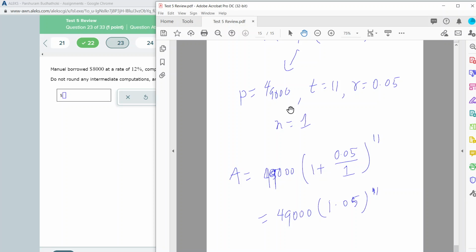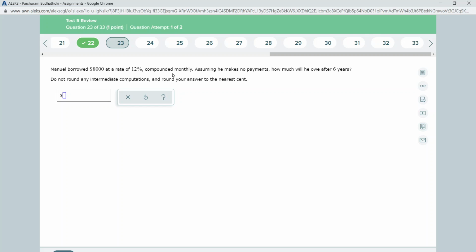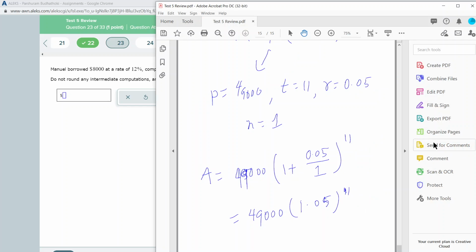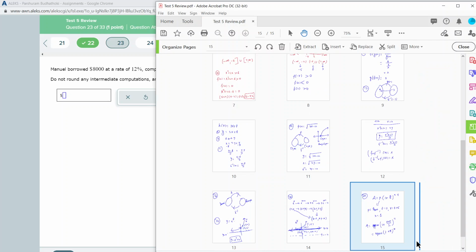You need to use the same formula. Instead of principal 49,000, this time 8,000, rate is 12%, so 0.12, and compounded monthly, so the value of n would be 12.